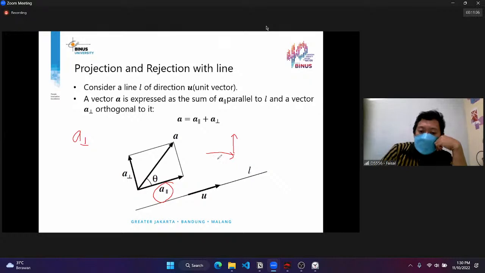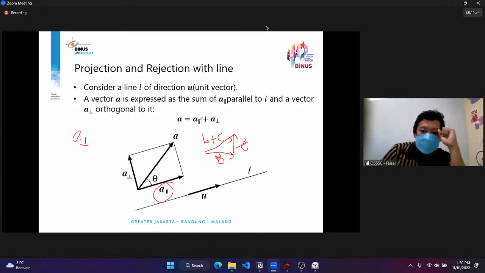If this is the vector B and this is the vector C, then this is the vector B plus C. So we can see that A is equal to this, the projection, plus this, which is orthogonal to the projection.